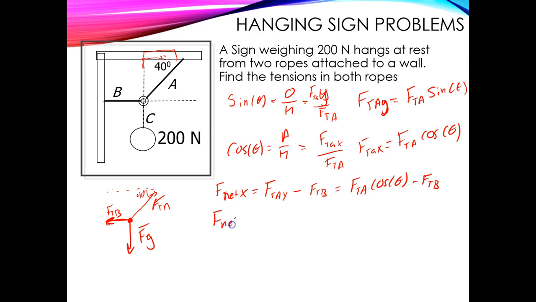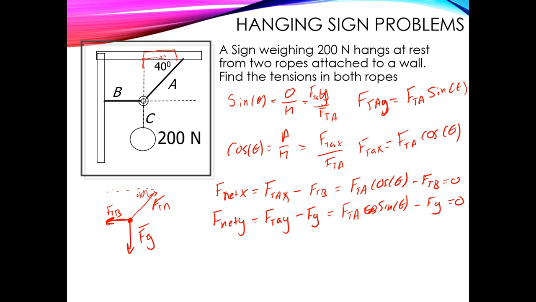And in the y direction, I know that my net force is going to be equal to FTAY minus my force of gravity, or FTA sine of theta minus the force of gravity. And both of these, because we're hanging at rest, we're not accelerating, are going to be equal to 0.